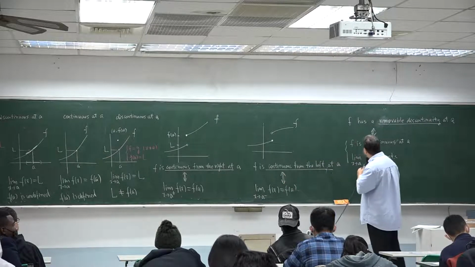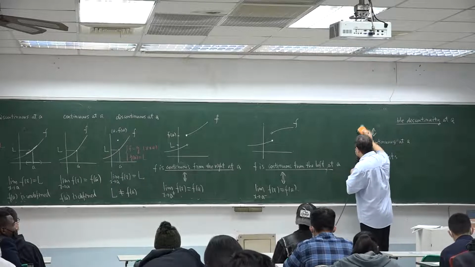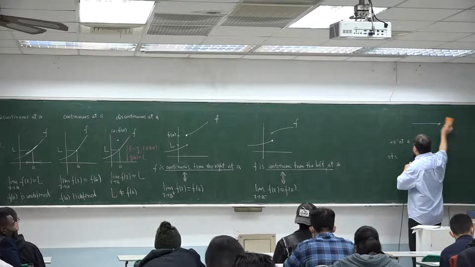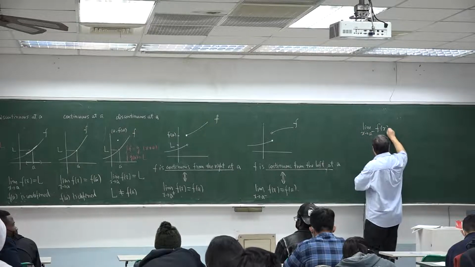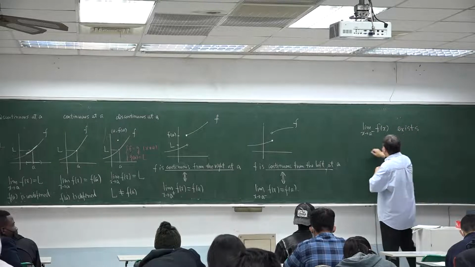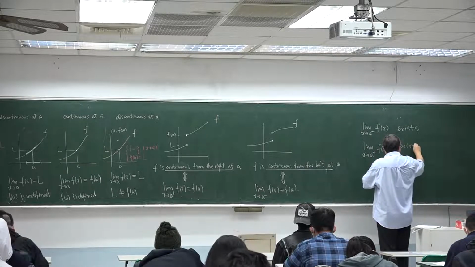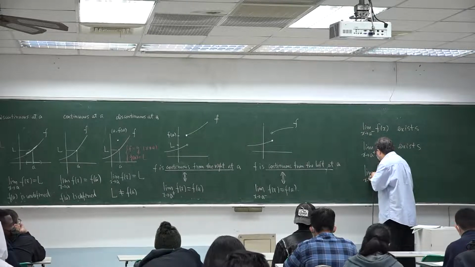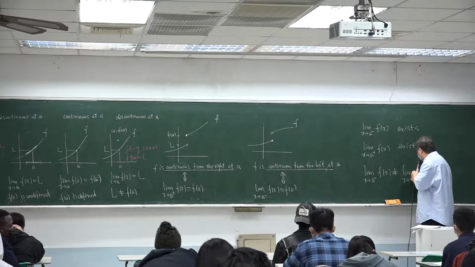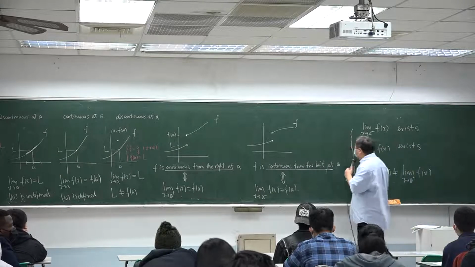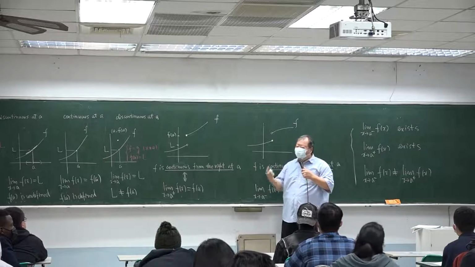Okay. So sometimes the limit does not exist, but the one-sided limits may exist. If the two one-sided limits exist, but they are not equal, just like this case and this case, we also give this phenomenon a name.